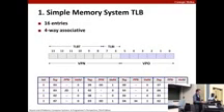Okay, now the TLB in this system has 16 entries, and it's 4-way set associative. You remember that the TLB caches page table entries, and those page table entries are uniquely identified by the virtual page number. So we only need to use the VPN to access entries in the TLB.